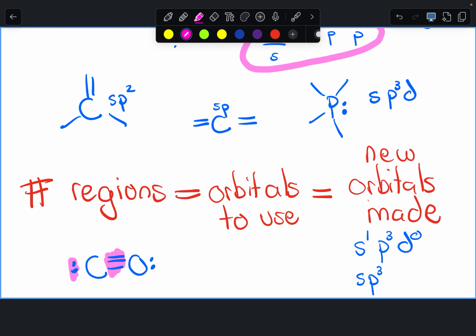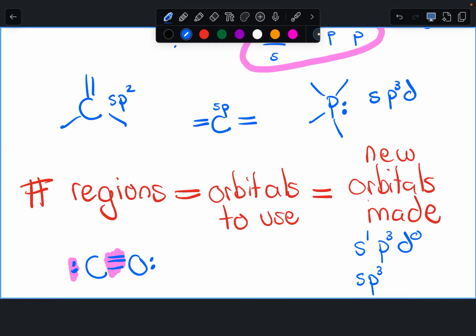And nothing will ever have 1 region because there is no such thing as a quadruple bond, and you wouldn't be filling the octet if you didn't have 4 regions. So you'll never have anything that has a single region. Even something like carbon monoxide is still going to have multiple regions. So the carbon would have 2, the oxygen would have 2. We would technically say both of those are SP hybridized.